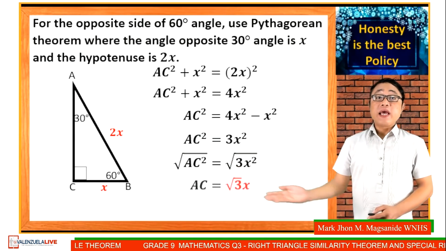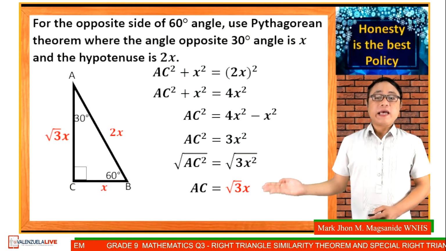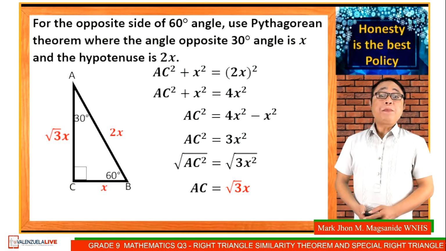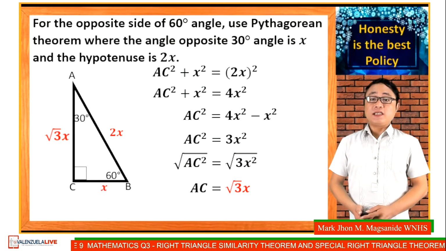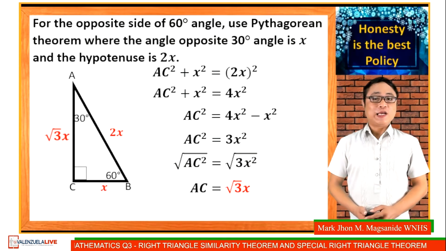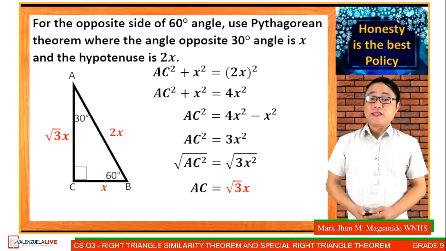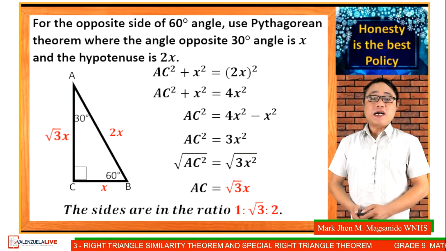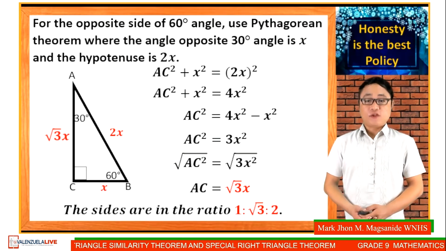We have AC is equal to square root of 3 x. The proof is complete now for the length of sides of 30-60-90 special right triangle. We can say that the sides are in the ratio 1 is to square root of 3 is to 2.